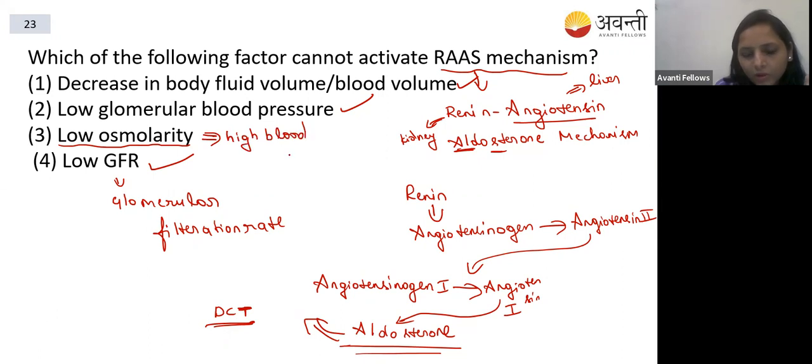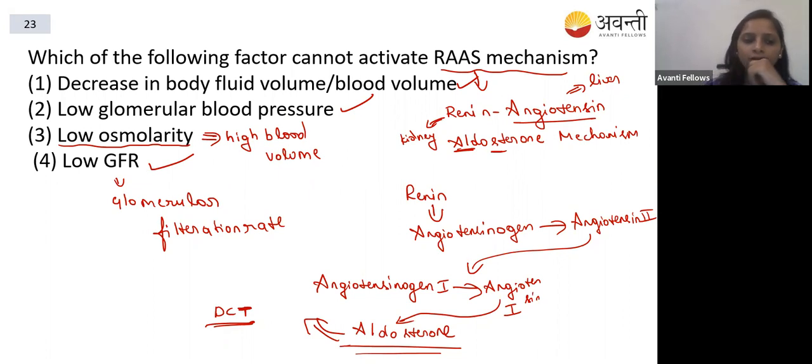Okay. So whenever the high blood volume is there, at that time the RAS mechanism is not going to be activated, because what is the function of the RAS mechanism? Whenever the low blood pressure is there, at that time it will bring that back to the normal condition, right? So that's why it is going to be activated.